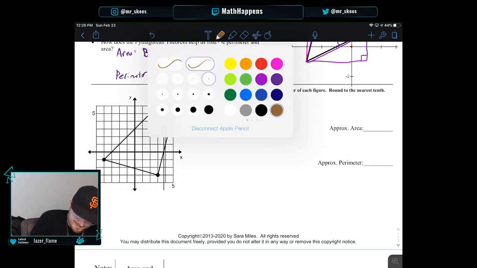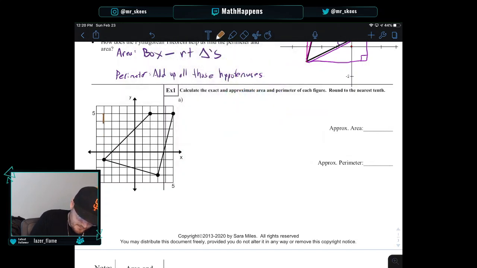Sorry. There we go. There is a box that surrounds this entire figure. Okay. And what are the dimensions of that box?